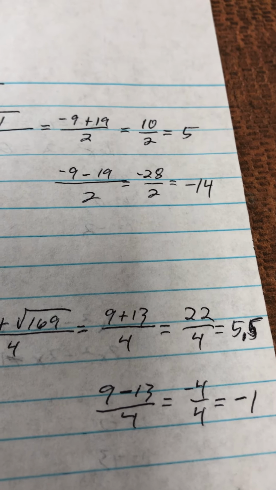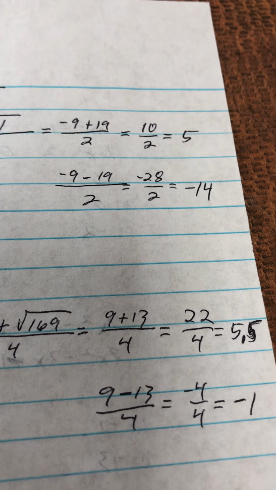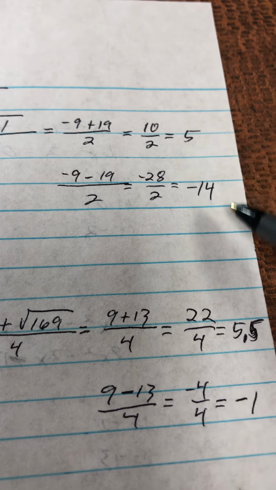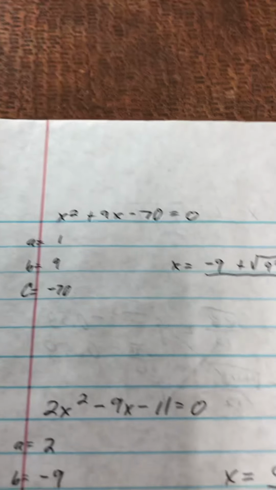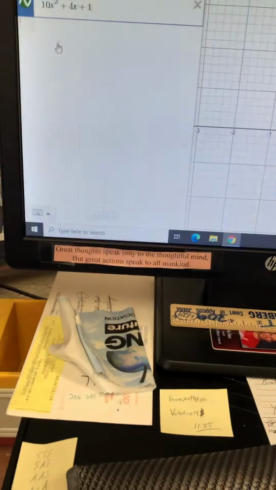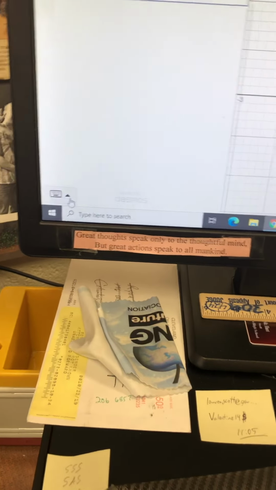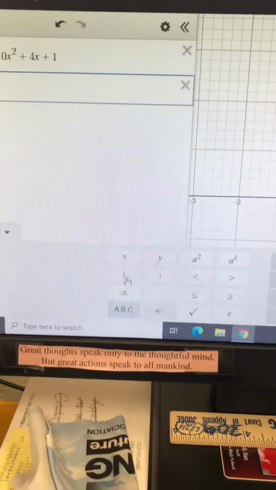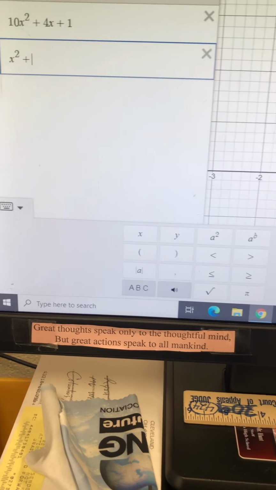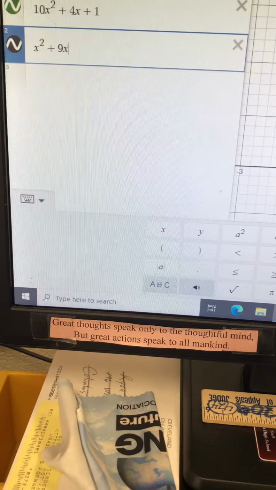Now, one thing you could do is plug that problem into Desmos. You could see where it's going to cross the x-axis at 5 and negative 14. What do I mean by that? Well, let me take this one and plug it in for you. I have to show you something on this one later, but I thought I might as well show you so you can see it. We have x squared plus 9x minus 70.